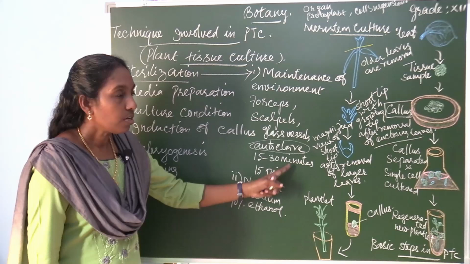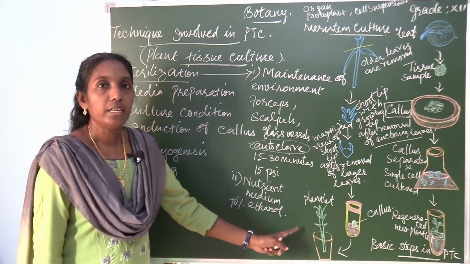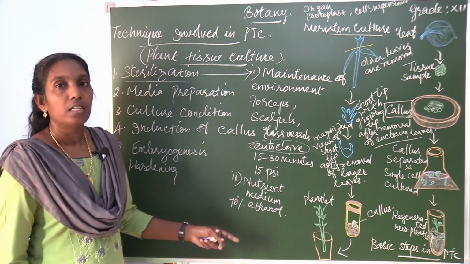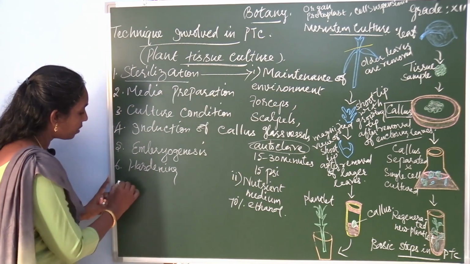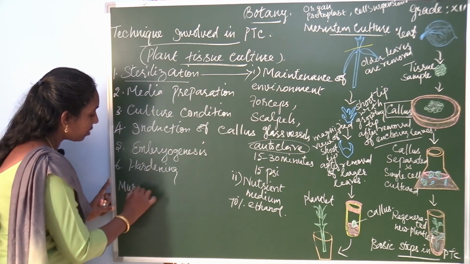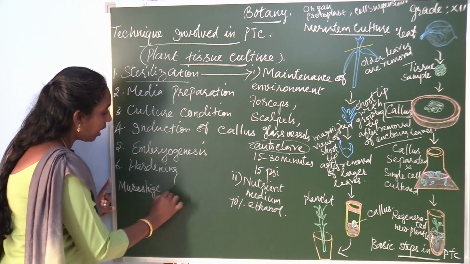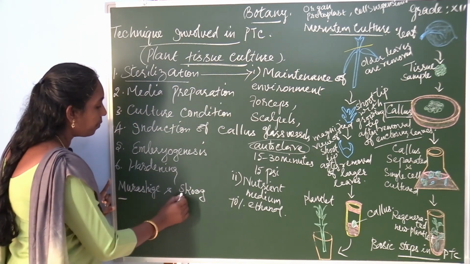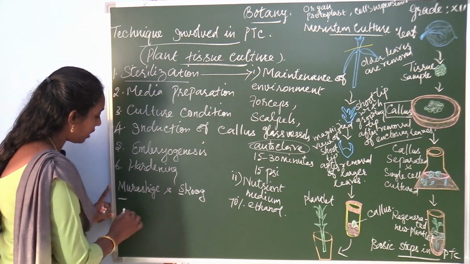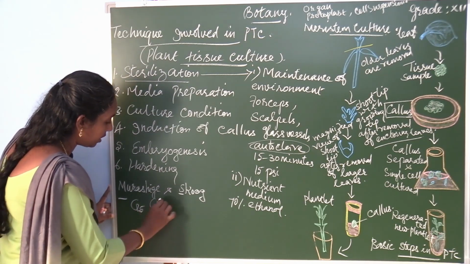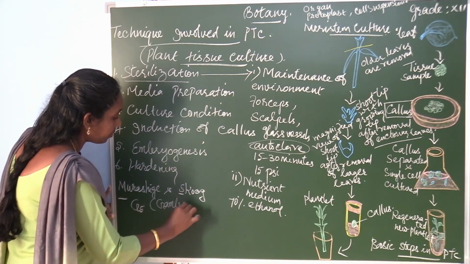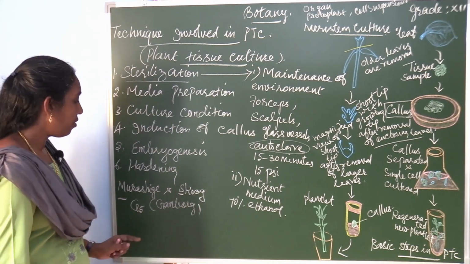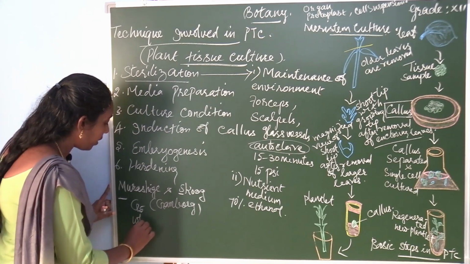So the medium is also sterilized. There are different kinds of nutrient medium that can be used: MS medium, Murashige and Skoog medium, or alternatives such as B5 medium, Gamborg medium, or White medium.